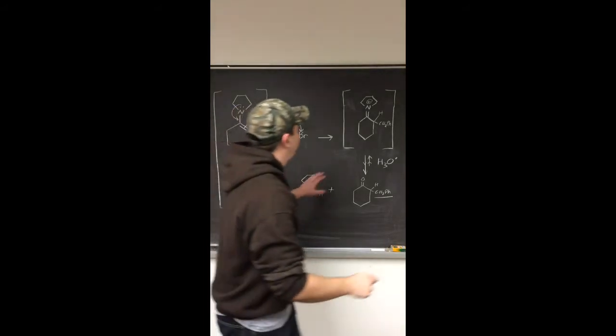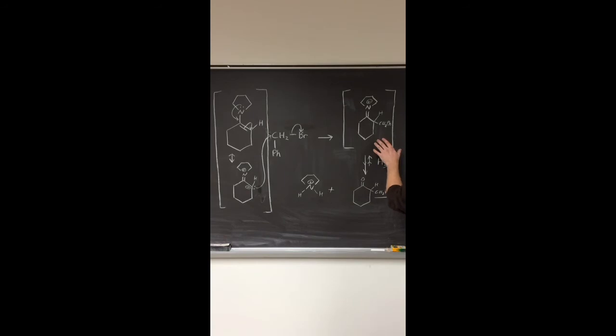What you have is the formation of an iminium salt intermediate with a positive charge on the nitrogen and the CH2 phenyl group added to the molecule. Also floating around will be the Br minus in solution.